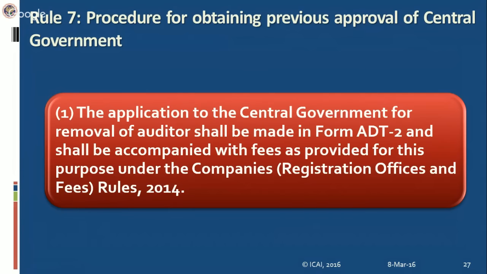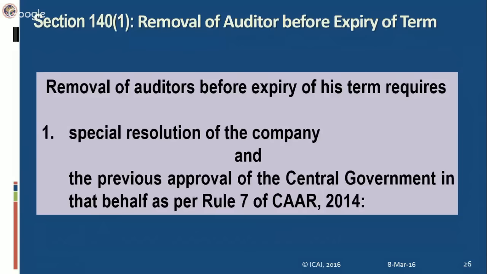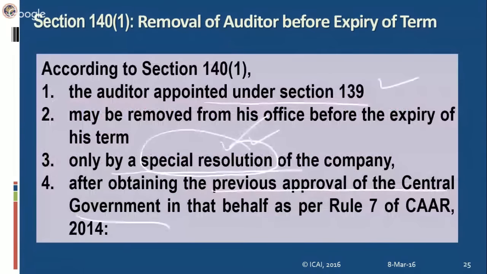This is in fact the procedure for how the auditor will be removed. Point number 1, please note. The application to the central government. We need to apply to the central government. First step is, if you study section 141, previous approval means the first step will be to get approval of the central government.